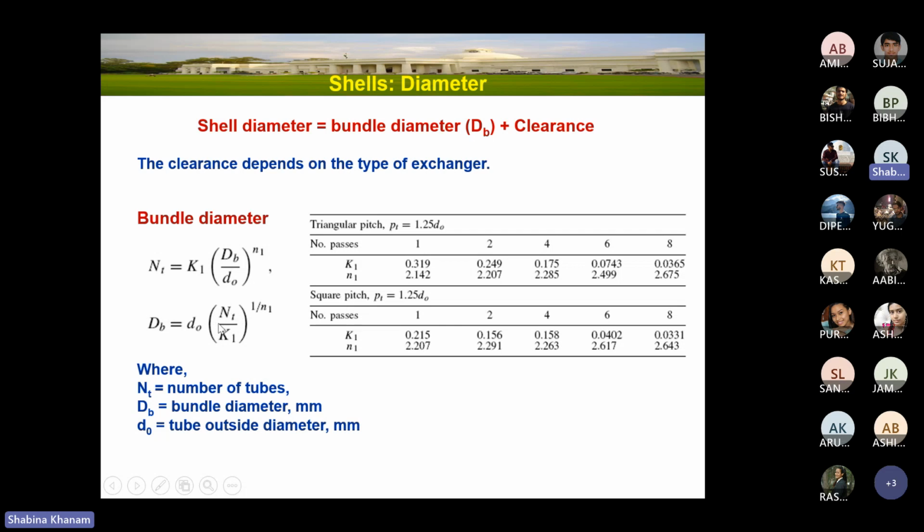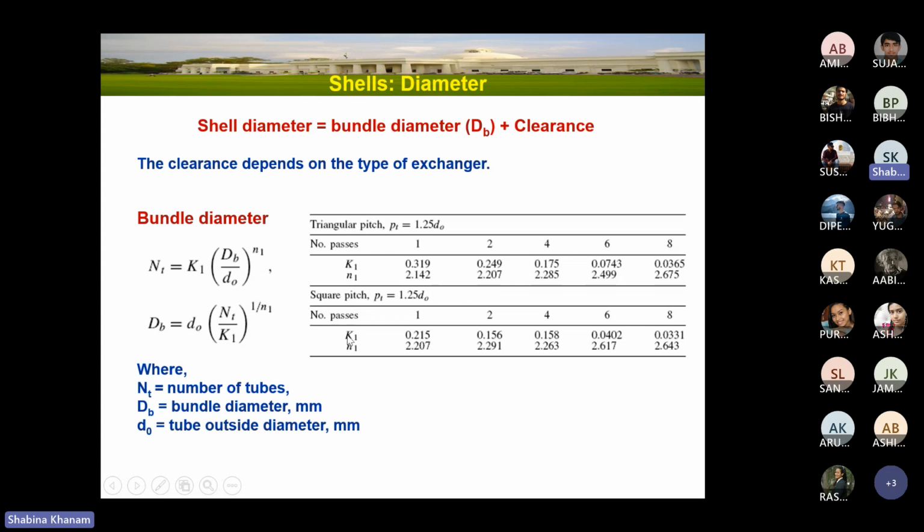NT is the total number of tubes which you have calculated, so this depends on the total heat transfer area divided by the area of one tube, divided by K1, to the power 1 by N1. K1 and N1 are design constants, which depend on the number of passes and the type of pitch, square pitch if you are considering.